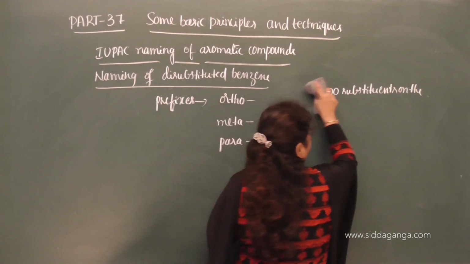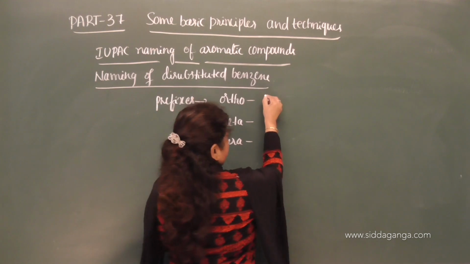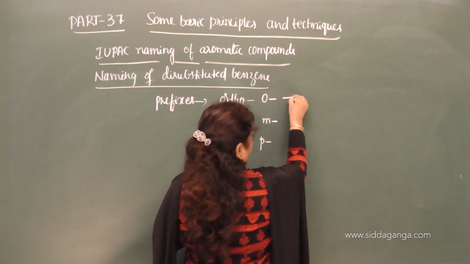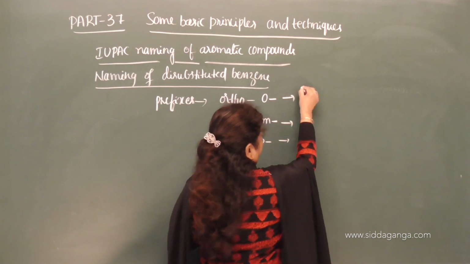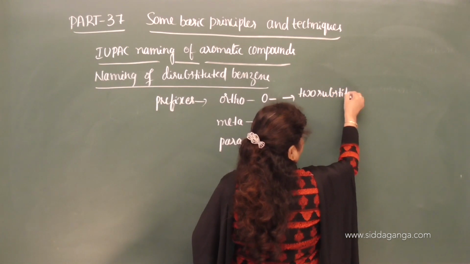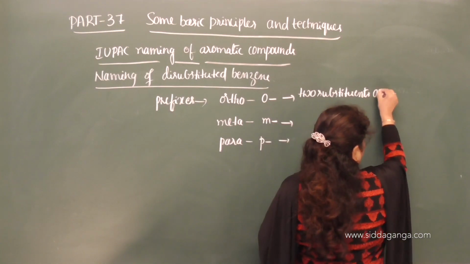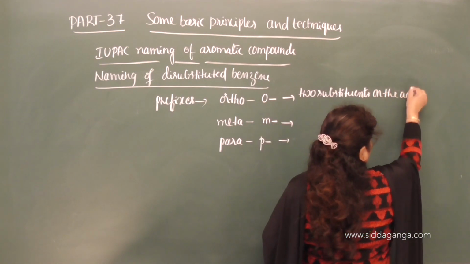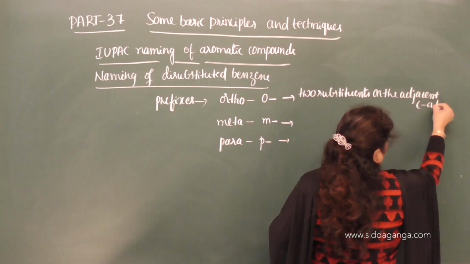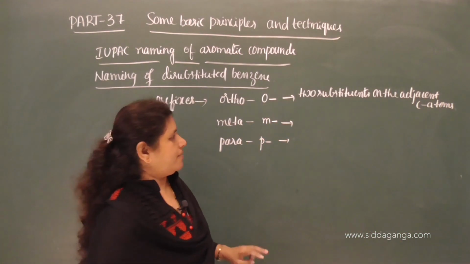So when two substituent groups are on the adjacent carbon atoms, O is the symbol. Let me write here: two substituents on the adjacent carbon atoms.